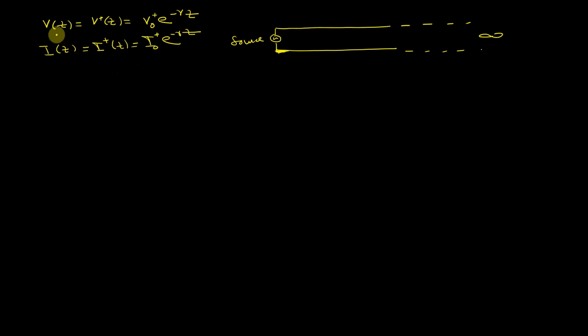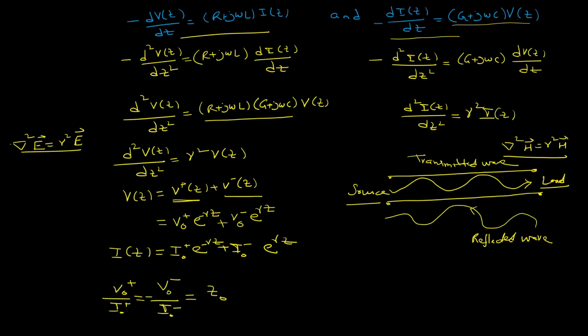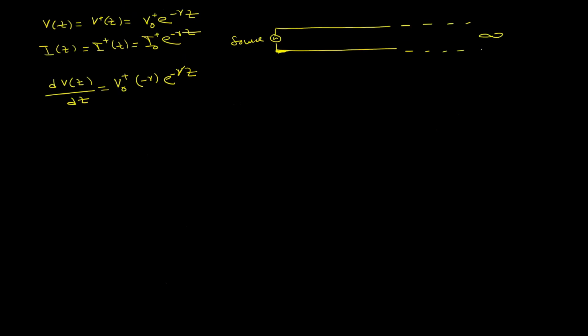So now differentiate the first term with respect to z. dVz divided by dz is equal to what? Differentiation of V naught plus gives minus gamma e raised to power minus gamma z. What is dVz upon dz? We have already derived equations, so the value is R plus j omega L times Iz. Put that value here.